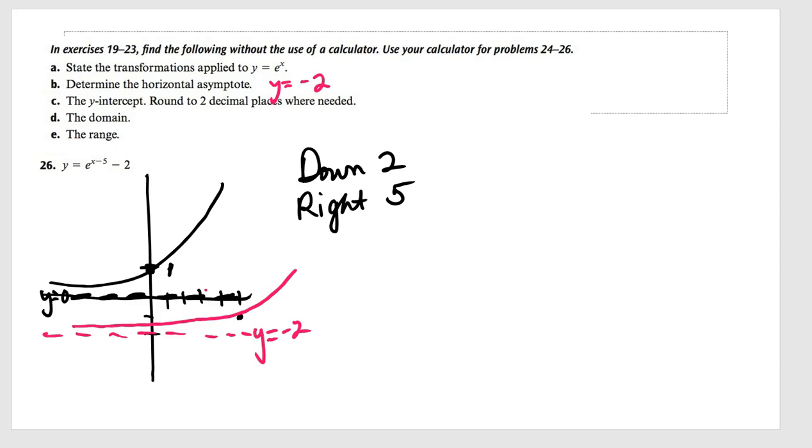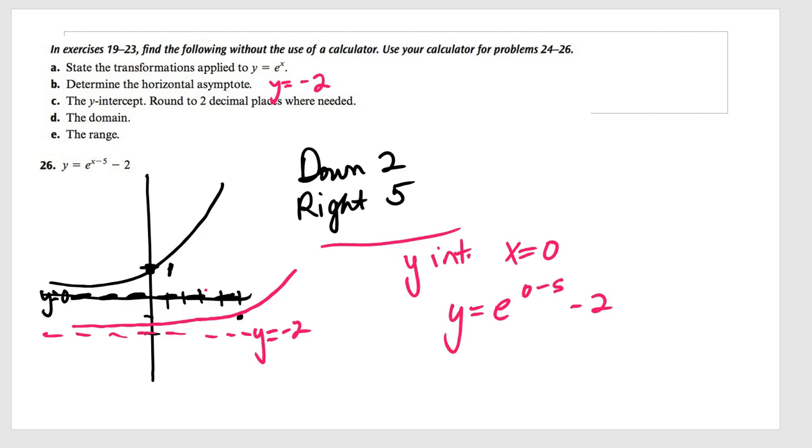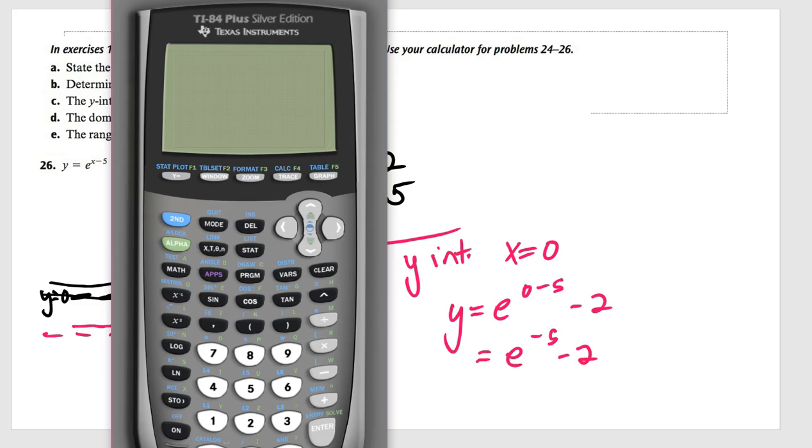Now to find the y-intercept, we know this is always the same. For the y-intercept, x is equal to 0. That's the definition of a y-intercept. So we just put a 0 in for x. Okay, so we'll have e to the negative 5 minus 2. We need our calculators again.